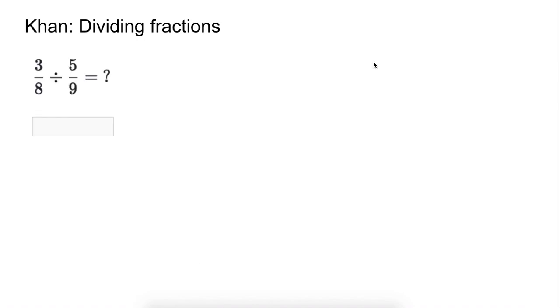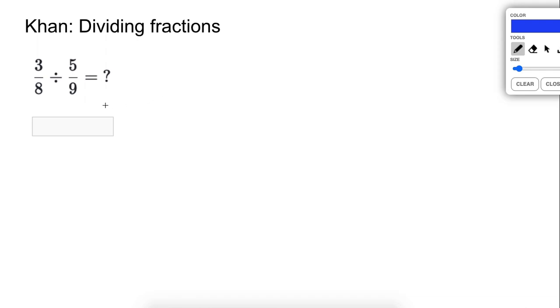So our first problem is 3/8 divided by 5/9. So what we're going to do with this, and we've done some other similar problems, but we take 3/8, so this is equal to 3/8 times the reciprocal. Now the reciprocal is this fraction flipped, so 9 over 5.